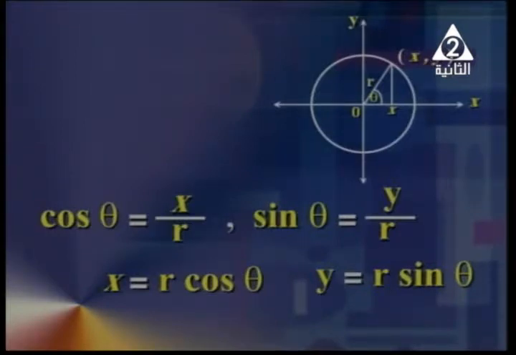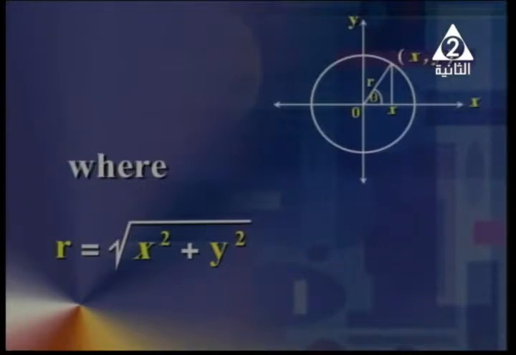Sine theta is y over r. To find the value of x, we use cross multiplication: x equals r cosine theta, and y equals r sine theta, where r equals the square root of x squared plus y squared.